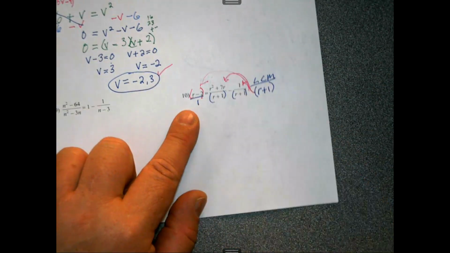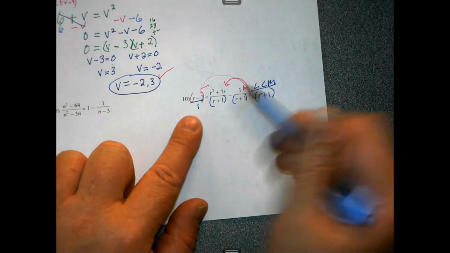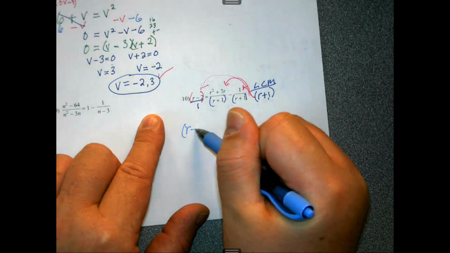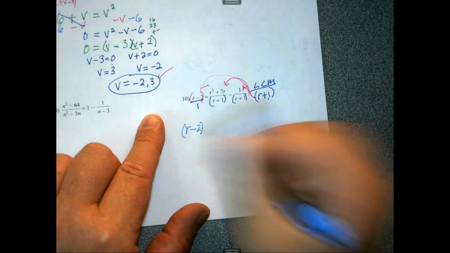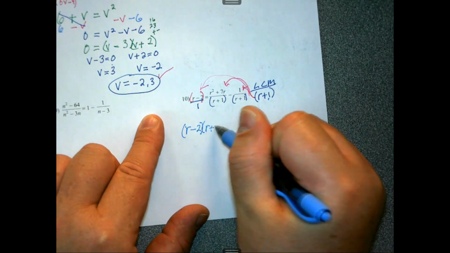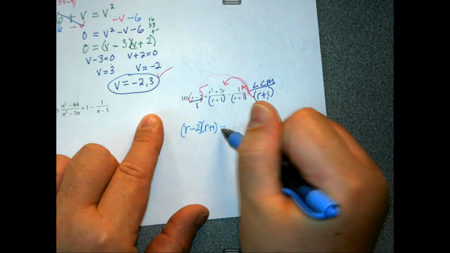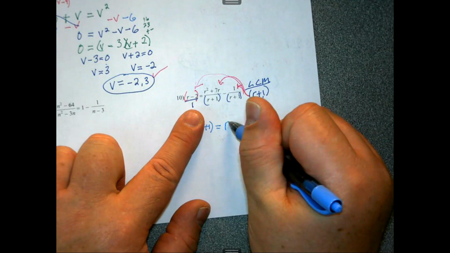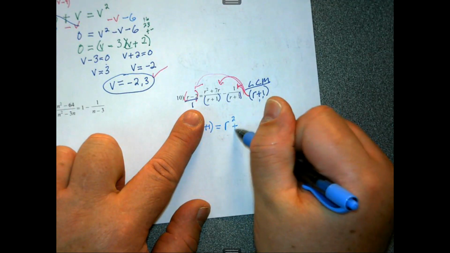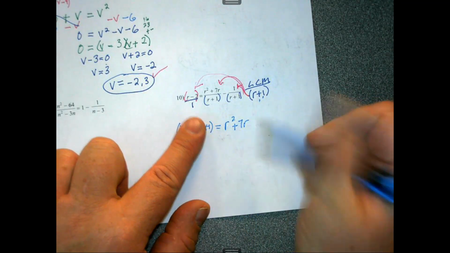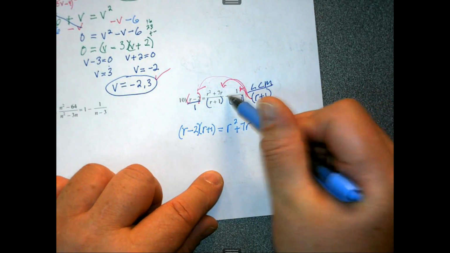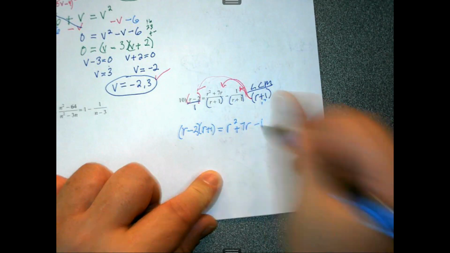So the first one, I can't cancel out the R plus 1, so I'm going to have to take R minus 2 times R plus 1 equals, second one they cancel, so I'm just going to have the R squared plus 7R. And again, the third fraction, these are going to cancel, so I'm just left with minus 1.